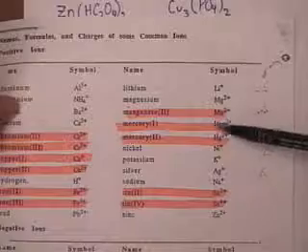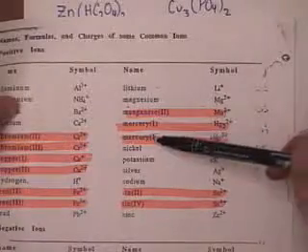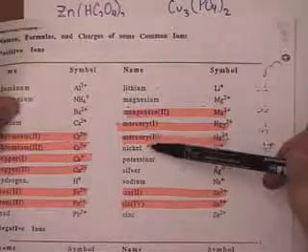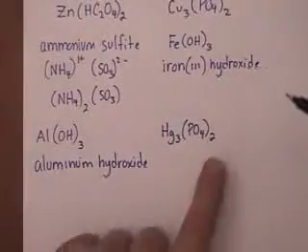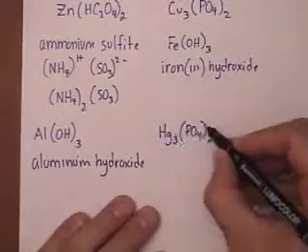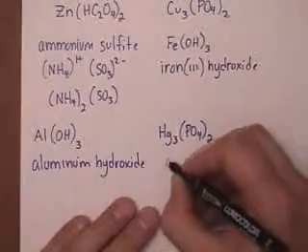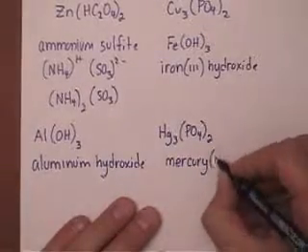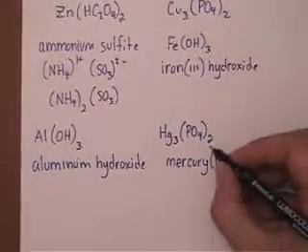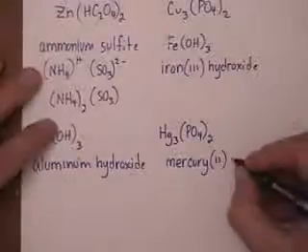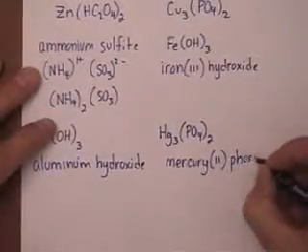We're not even going to use this year, so that's why we never even look at it. It's mercury 2. So Hg2 plus is actually mercury 2. So this one, because there's a 2 here, it goes over to mercury and 3 goes to the PO4. So this is going to be mercury 2. And then we have to look up PO4. PO4 is phosphate. So mercury 2 phosphate.